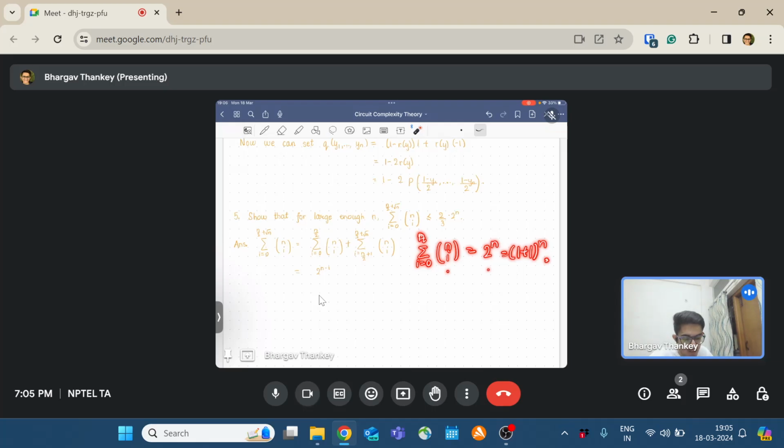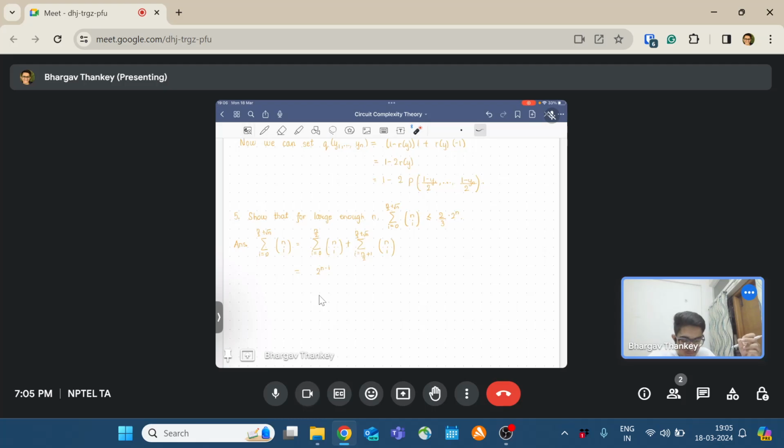And if you split this at n over 2, you get exactly half over here, right? So the entire thing is 2 to the n, so half of it should be 2 to the n minus 1.